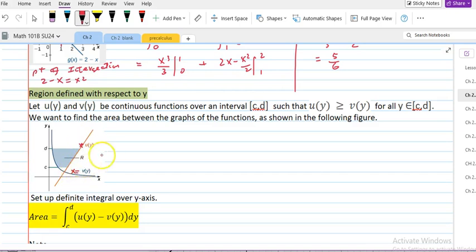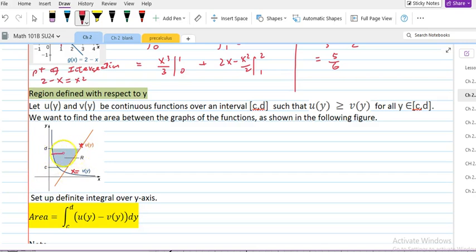So basically, it's the other way around. If that is the case, we would not look at which one is the top and which one is the bottom. We will look at which one is the left and which one is the right. So the area would be from the right side to the left side.